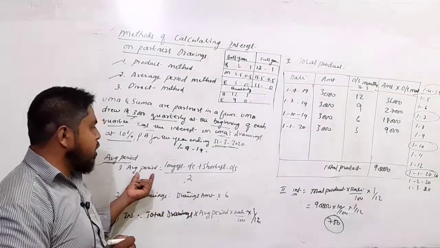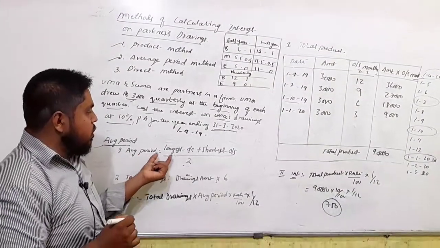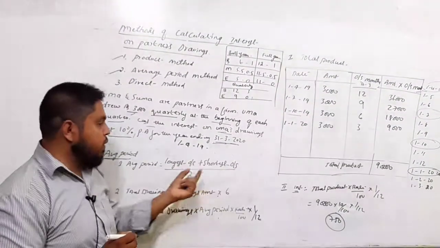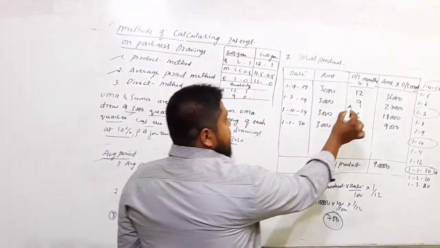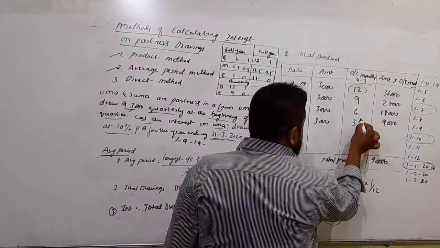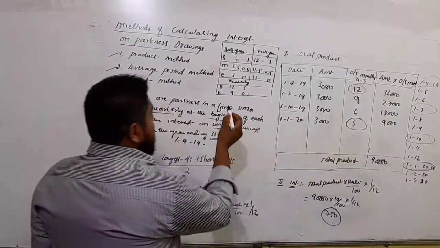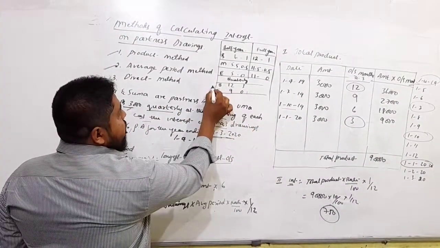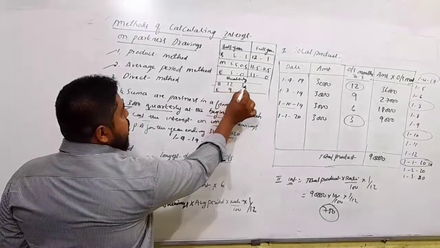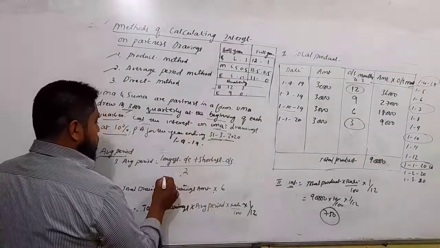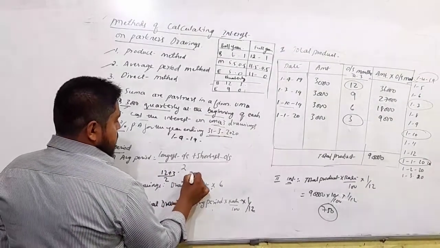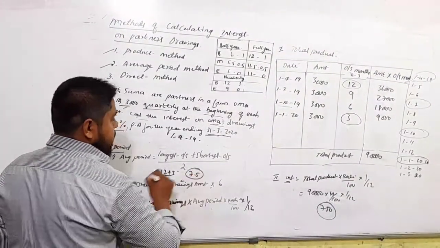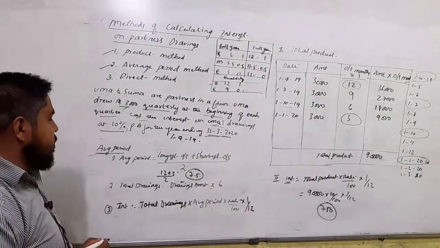That is, first we have to find out the average period. So highest plus the lowest divided by 2. Now the highest is 12, lowest is 3. See, quarterly, beginning of each quarter, longest is 12, shortest is 3. So 12 plus 3 divided by 2, 7.5. 7.5 is the average period.